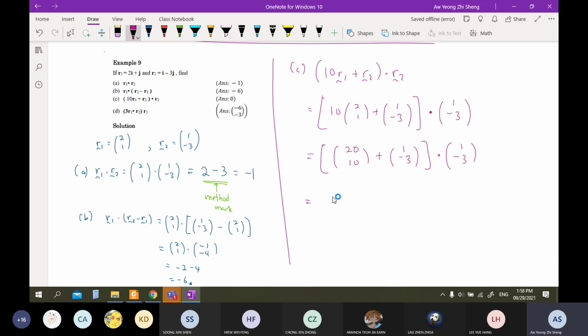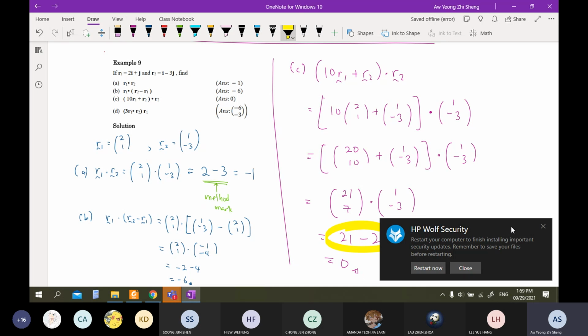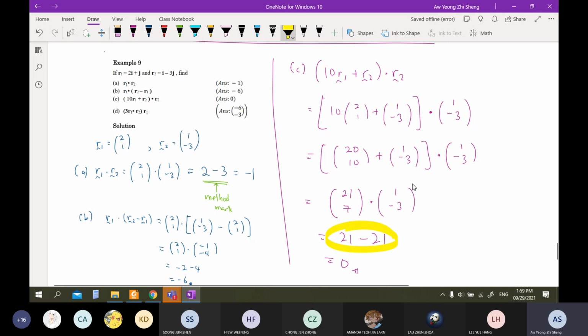Compute the vectors in the square bracket. You now have (21, 7) dot with (1, -3). 21 times 1 is 21. 7 times minus 3 is minus 21, and you get 0. So at least I want to see 21 minus 21 when you compute the dot product.